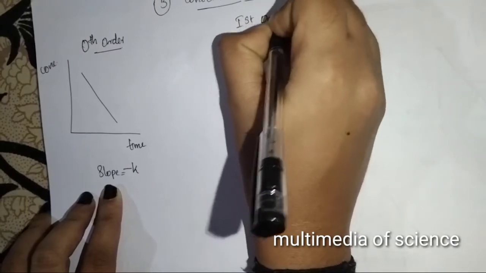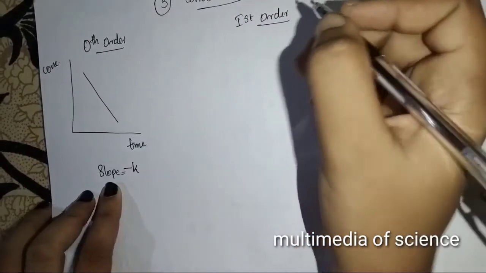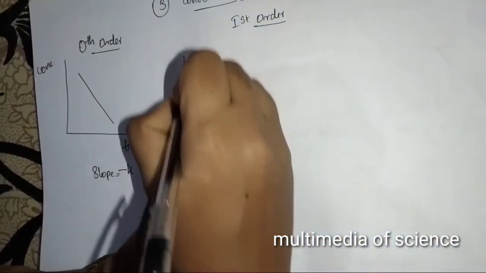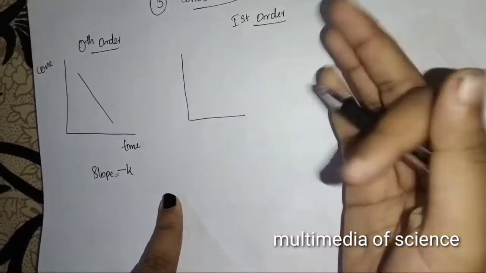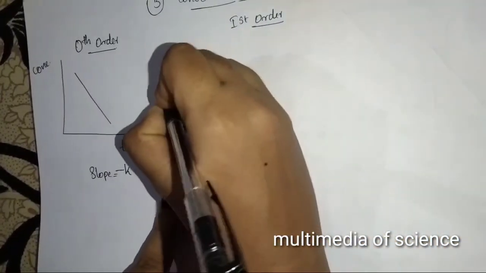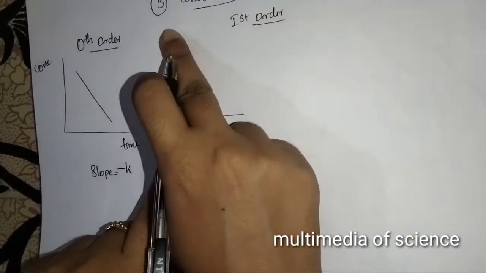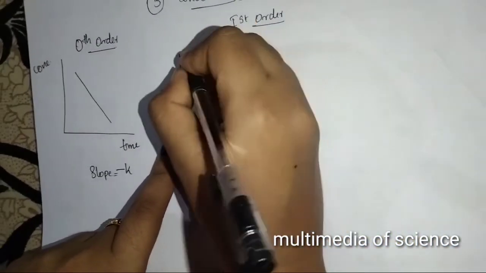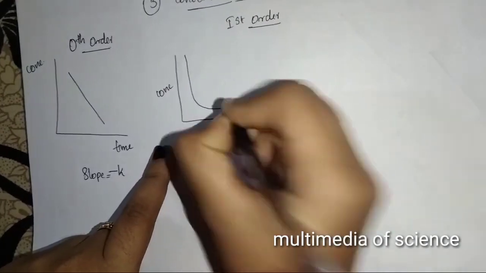How is the graph of the first order reaction for concentration versus time? Here there are three graphs. The first one has concentration on the y-axis and time on the x-axis. Then this graph will be like this.